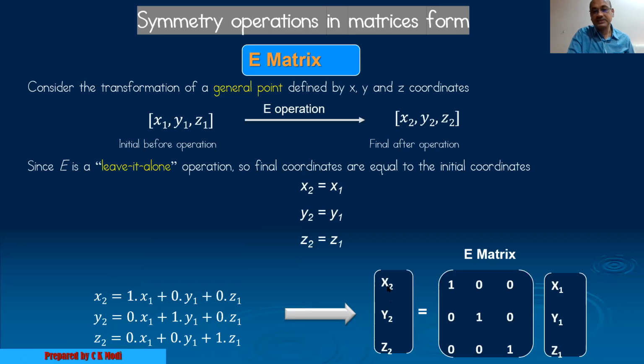In terms of matrices, the x2, y2, z2 matrix is equal to 1, 0, 0, 0, 1, 0, and 0, 0, 1, which is the E matrix, multiplied by x1, y1, and z1. So the value of the E matrix in C2v symmetry is 1, 0, 0, 0, 1, 0, 0, 0, 1.